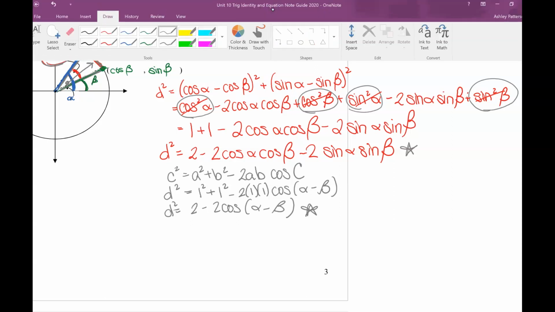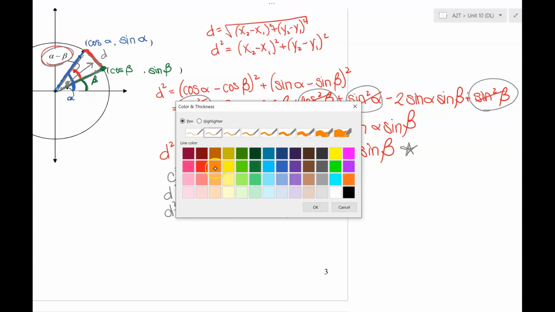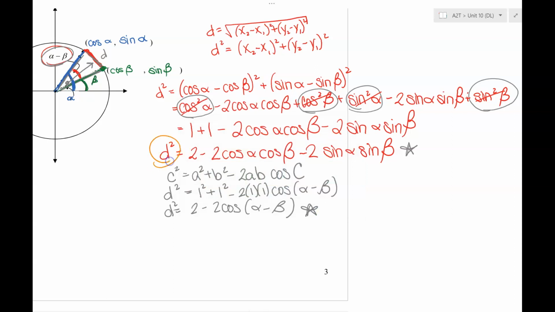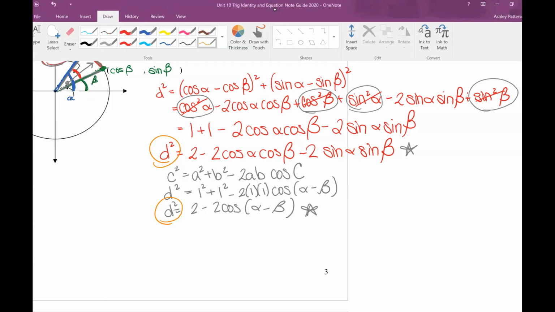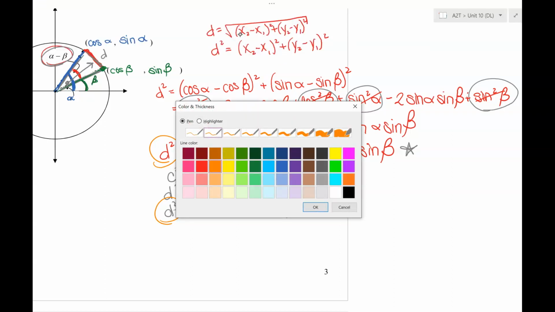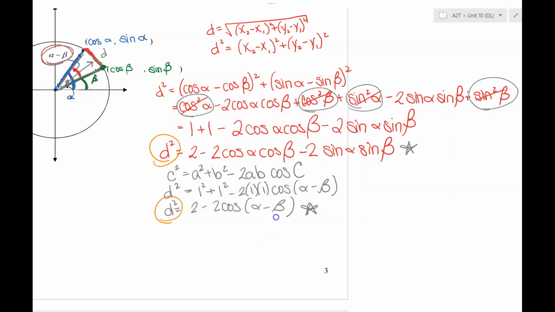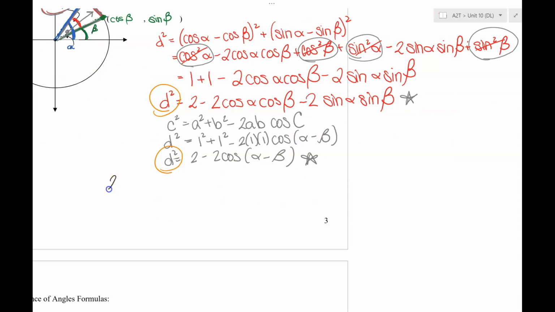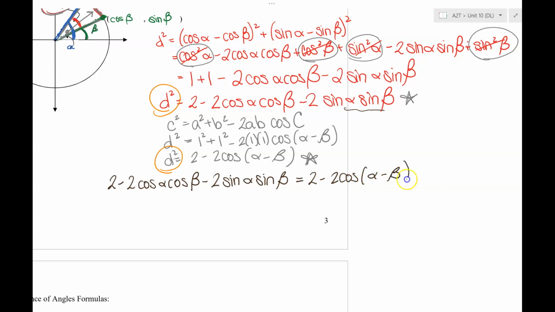Now, would you agree with me that if d squared equals that and d squared equals that, there are 2 different ways of finding the exact same thing, that I can set them equal to each other? I hope you're agreeing, because you absolutely can. So we're going to say 2 minus 2 cosine alpha cosine beta minus 2 sine alpha sine beta is equal to the second one, 2 minus 2 cosine of the quantity alpha minus beta.